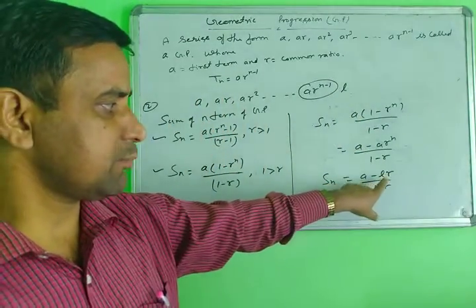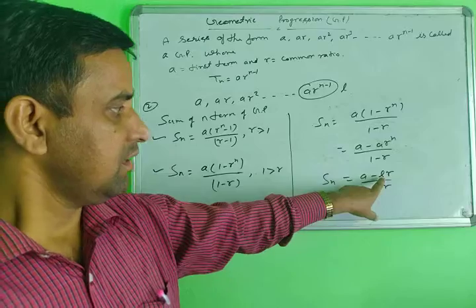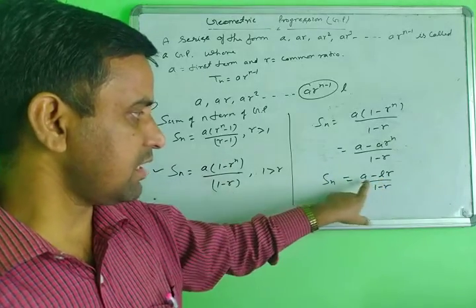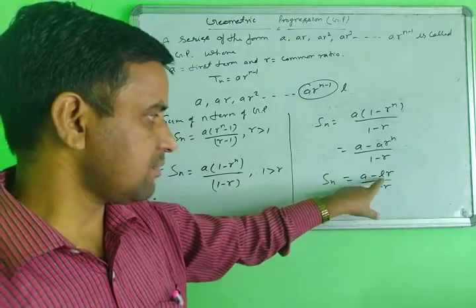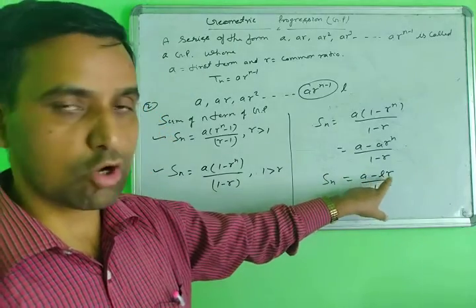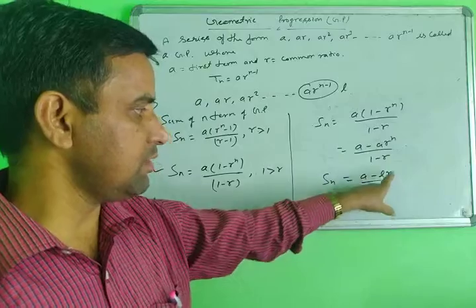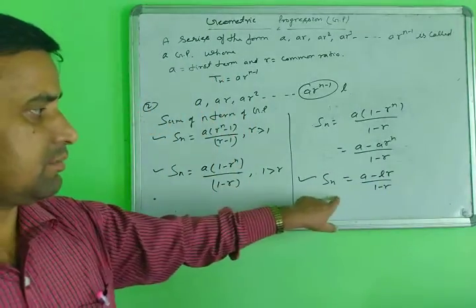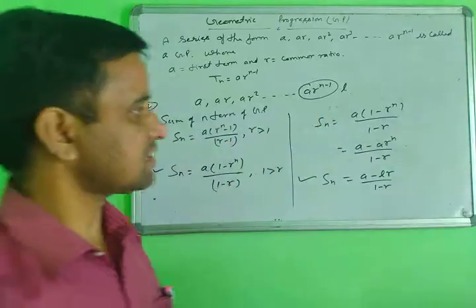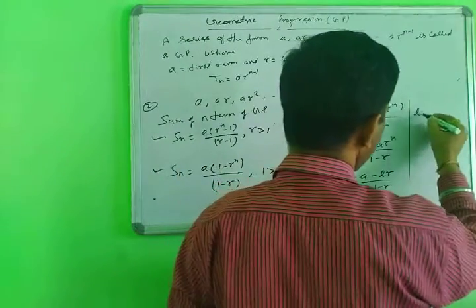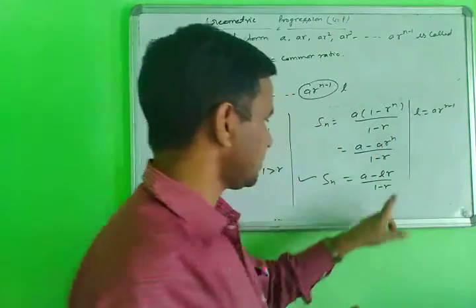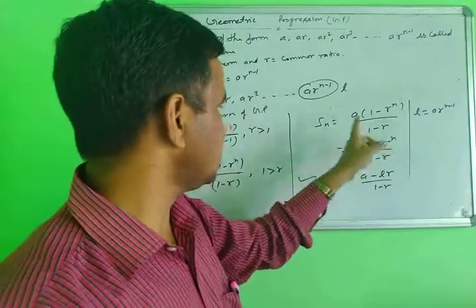Suppose the last term is given, and R and A are given, that is, the last term, first term and common ratio are given, then you will be using this identity of Sn. Here l is the last term, and the value of the last term l equals a R^(n minus 1). So if you put the value of l here, you will get the same thing.